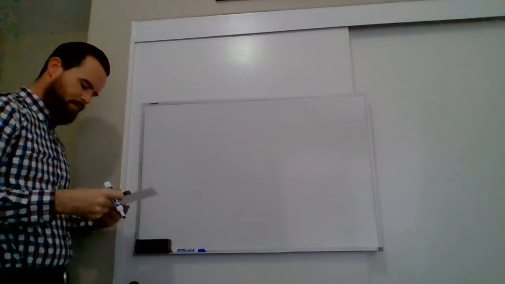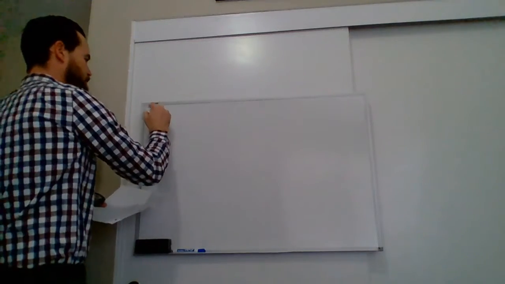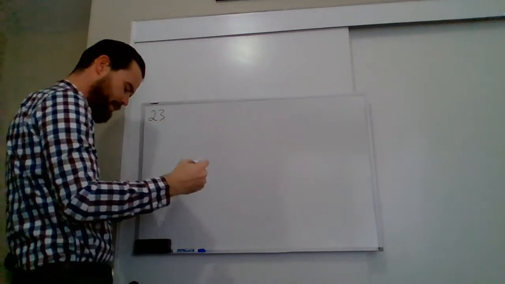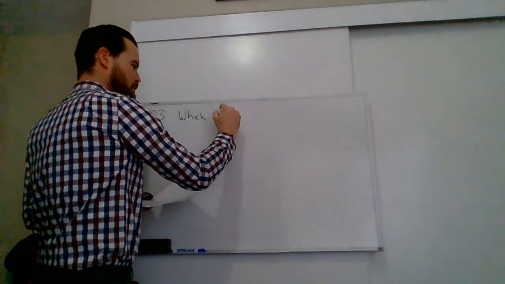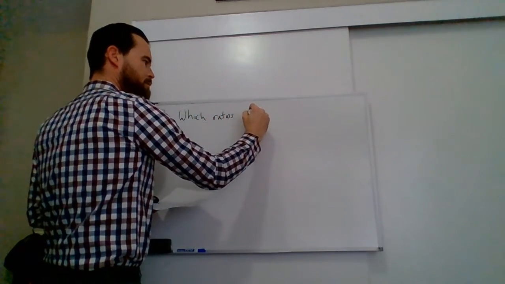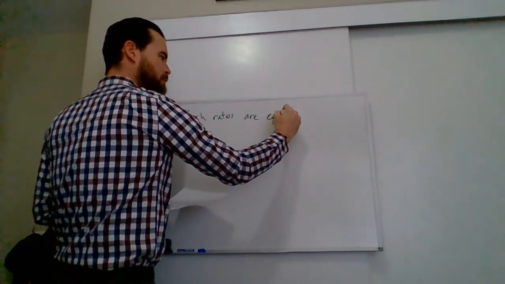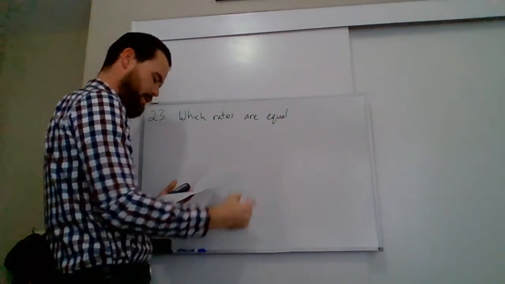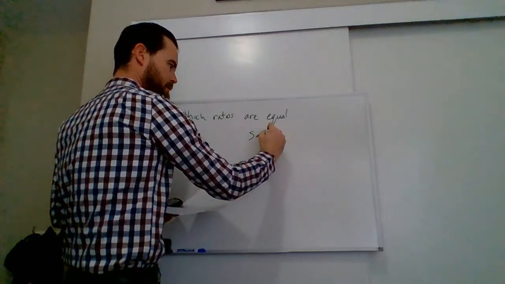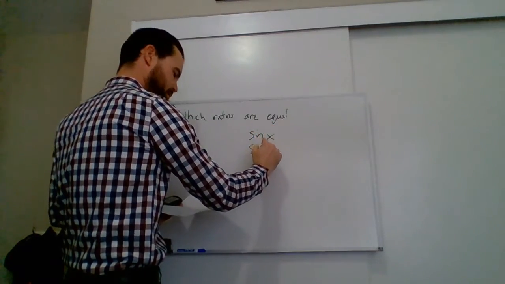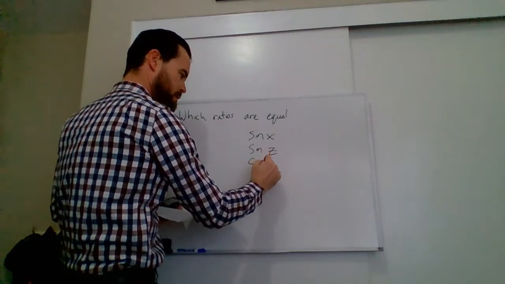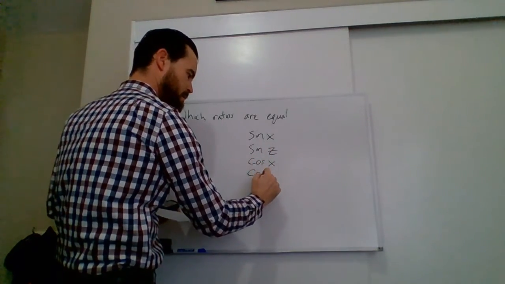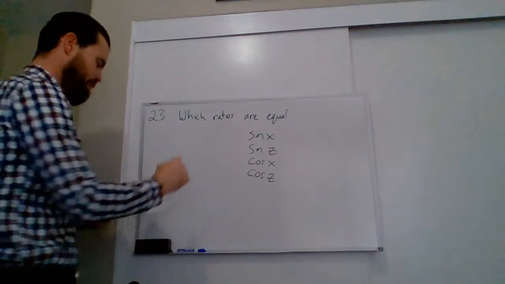All right, so our next problem is 23. And this one's asking us which ratios are equal. They give us sine of x, sine of z, cosine x, cosine z.